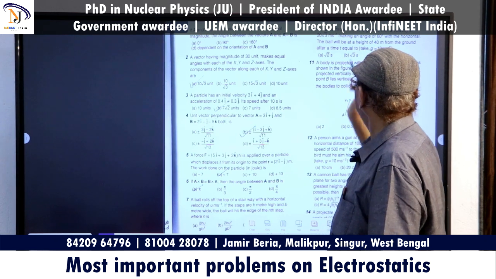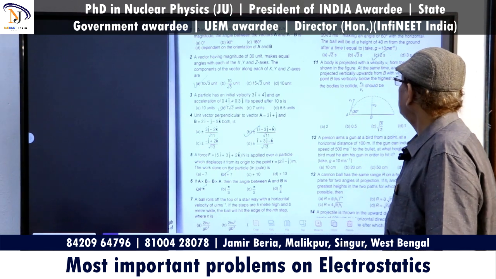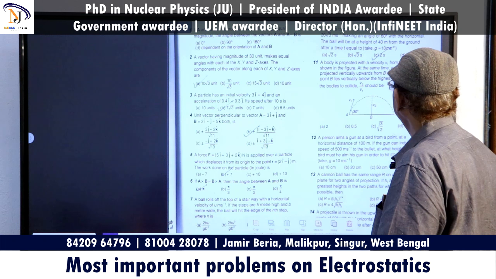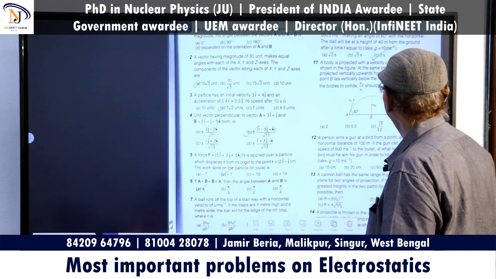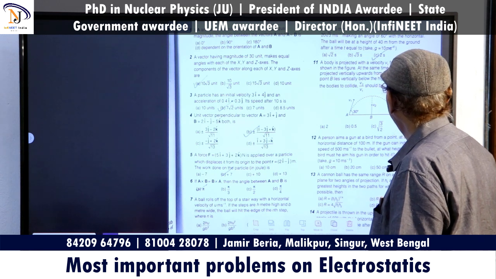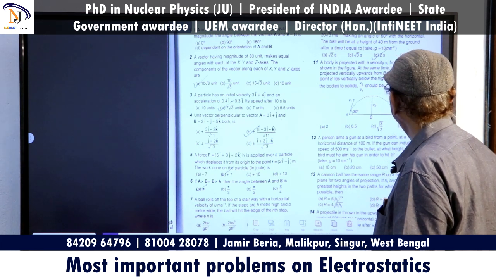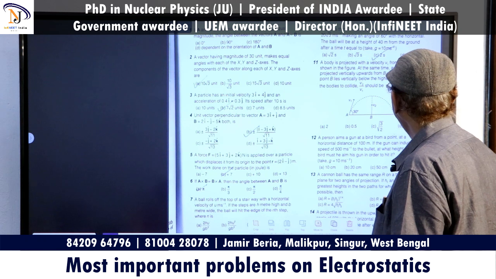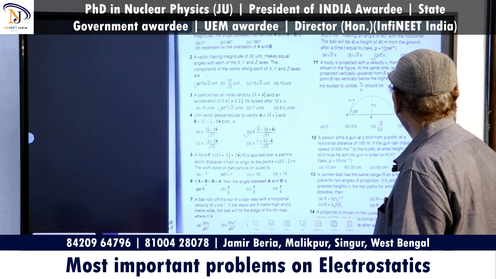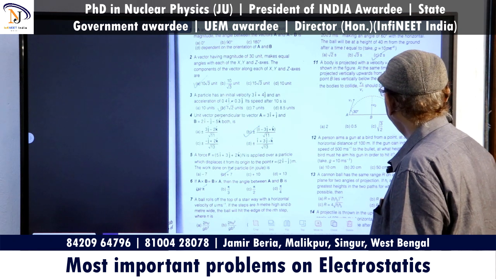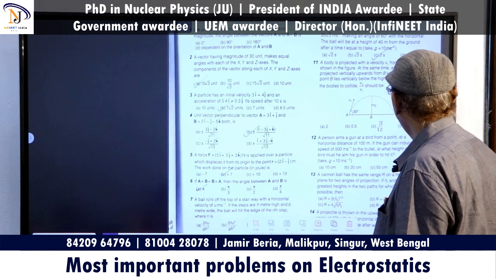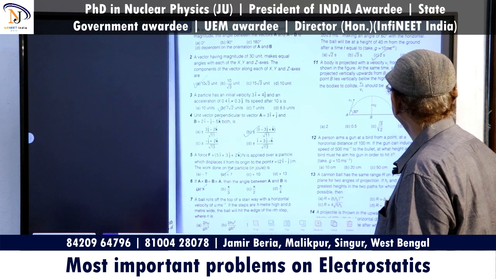A ball is thrown in a vertically upward direction. Thrown from the ground, sorry. It's thrown from the ground, making an angle 60 degrees with the horizon. The ball will be at a height 40 meter from the ground after a time t equal to 2 seconds.